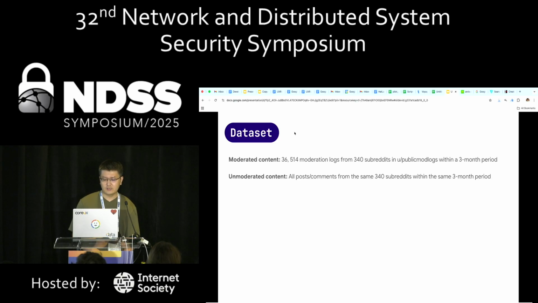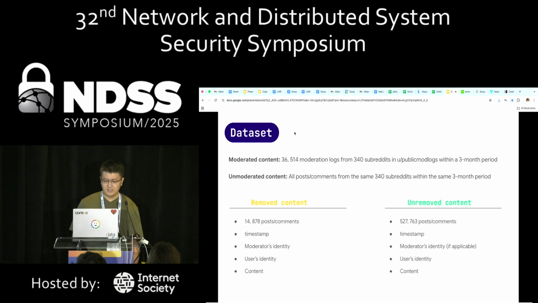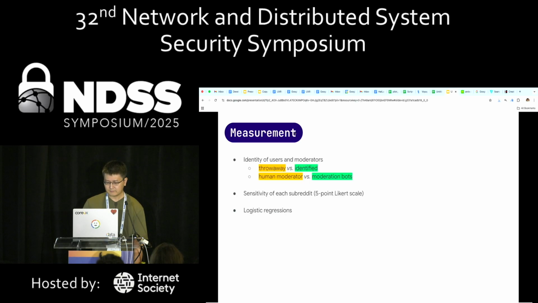Note that not all moderation on Reddit leads to content removal. So in this data set, we collected more than 14K removed posts and comments and more than 520K unremoved posts and comments. For each post and comment, we collected the timestamps, the moderator's identity, the user or author's identity, and the actual content of the post and comment.